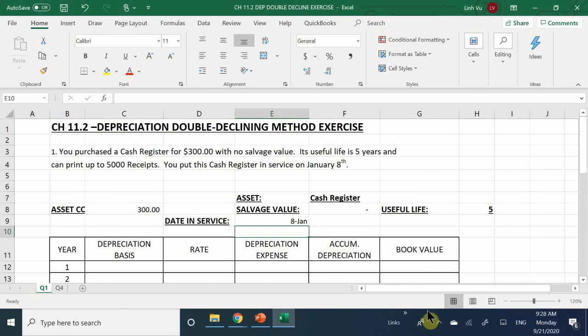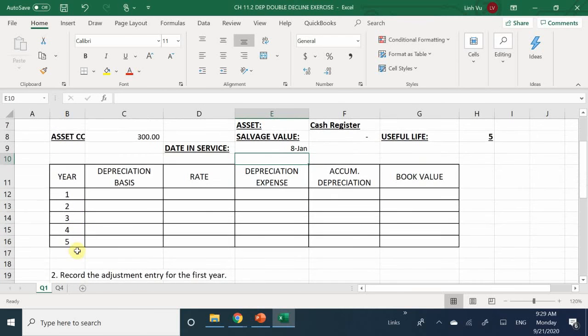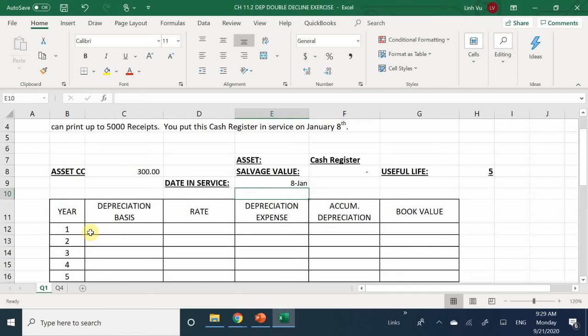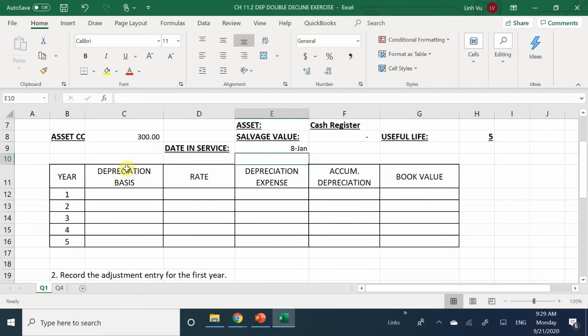In this case, when do we start depreciating it? January. So I'm going to treat it as if my depreciation expense is going to happen at the end of the year. What is my depreciation basis going to be for my first year? It's going to be 300. What's my rate going to be?